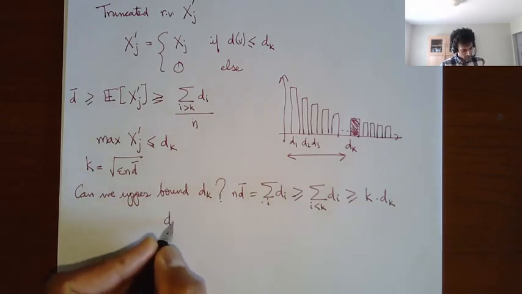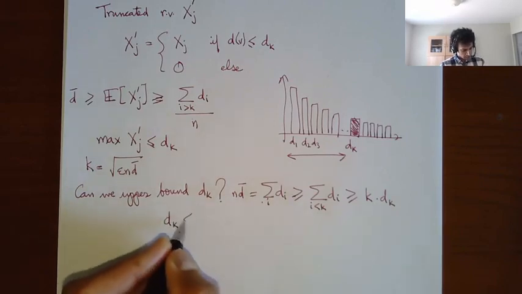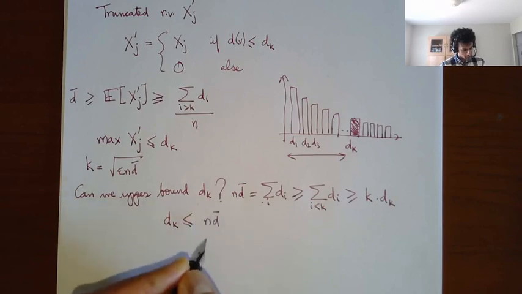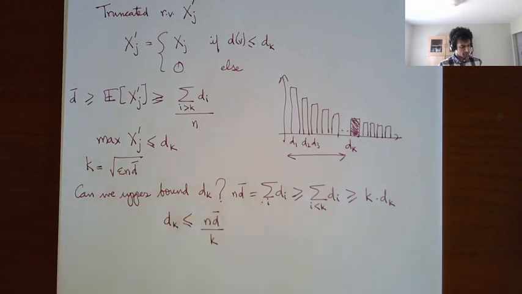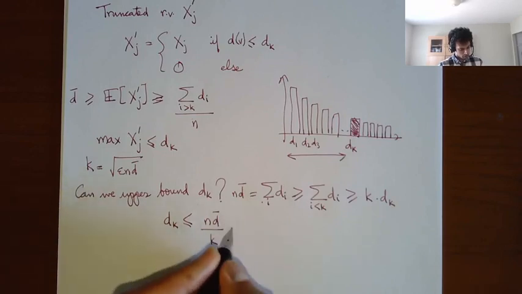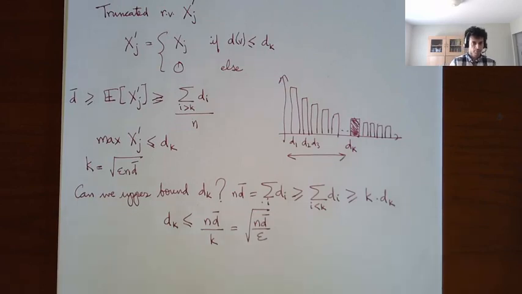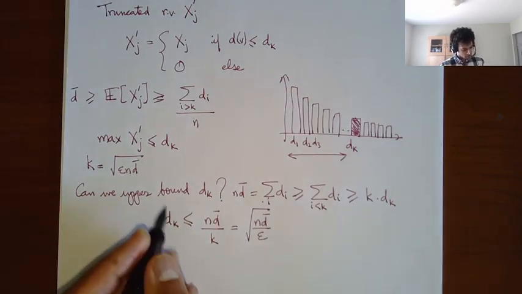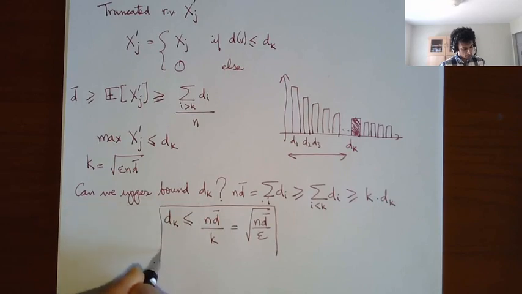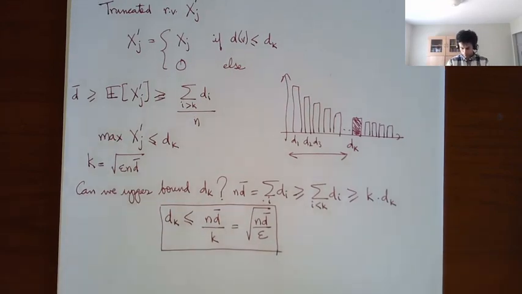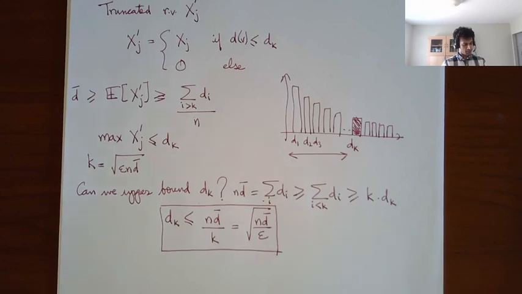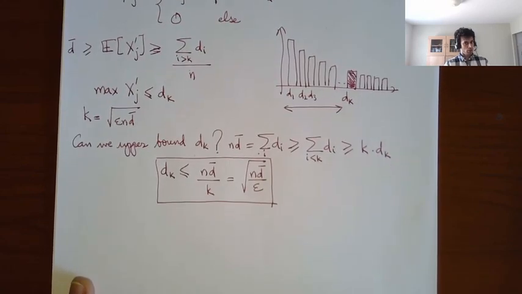Therefore, what we get is that dk is at most n times the average degree divided by k. Plug this in over here. So dk can be upper bounded. And now it turns out we're in business.